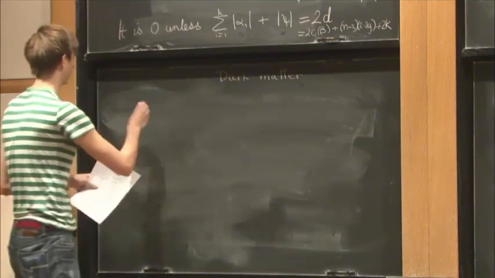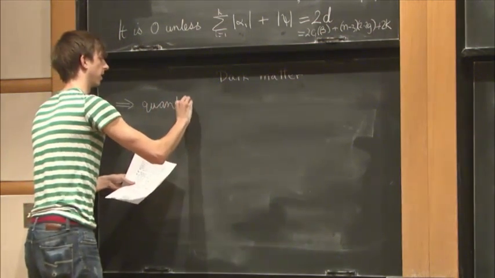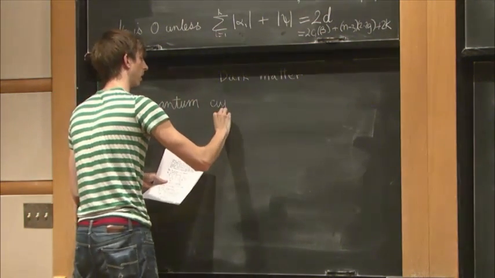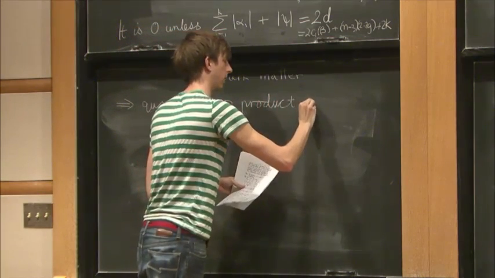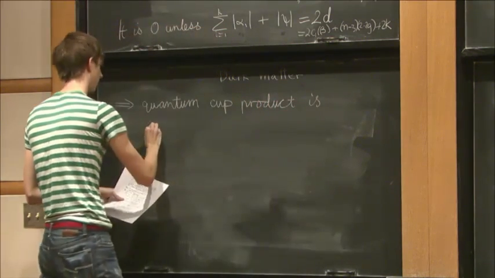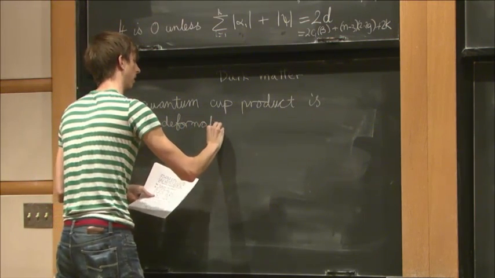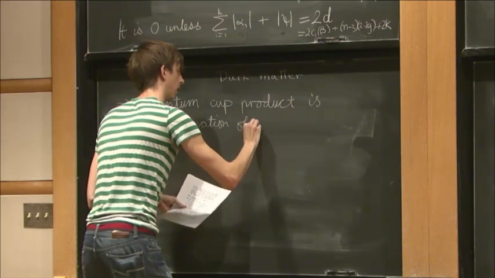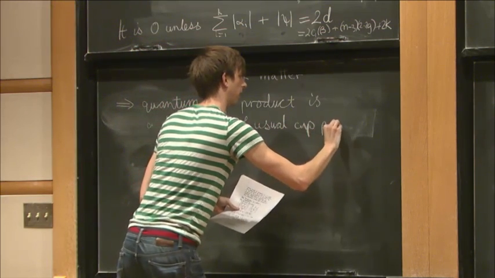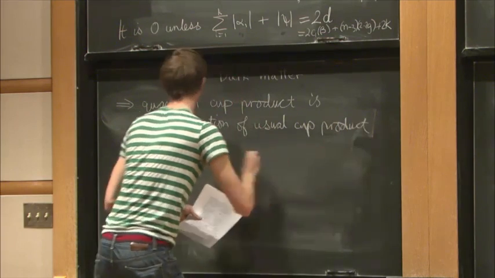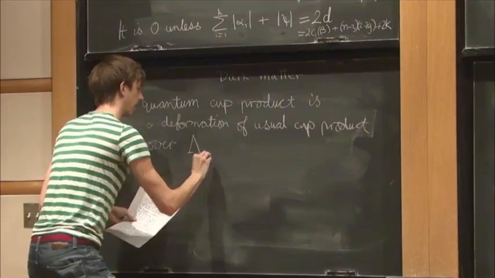Okay, so we can say that the quantum cup product is a deformation of the usual cup product over this ring lambda 0.